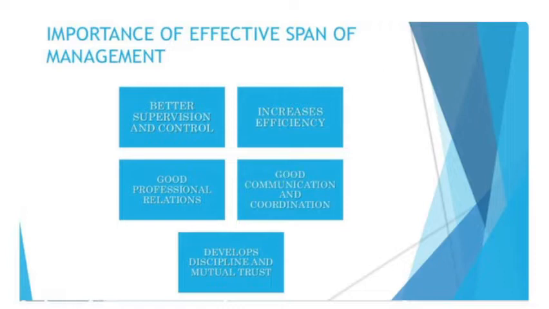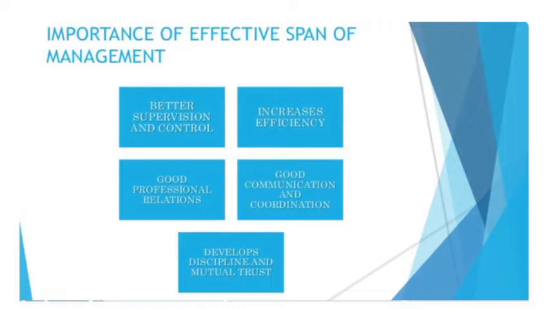And good communication and coordination. Just understand our body, which has good relations and coordination among all organs. If the coordination is misguided or missed, then you have to go to Apollo Hospital or some other hospital so that it will be corrected. Here the brain communicates with all the organs for better coordination.